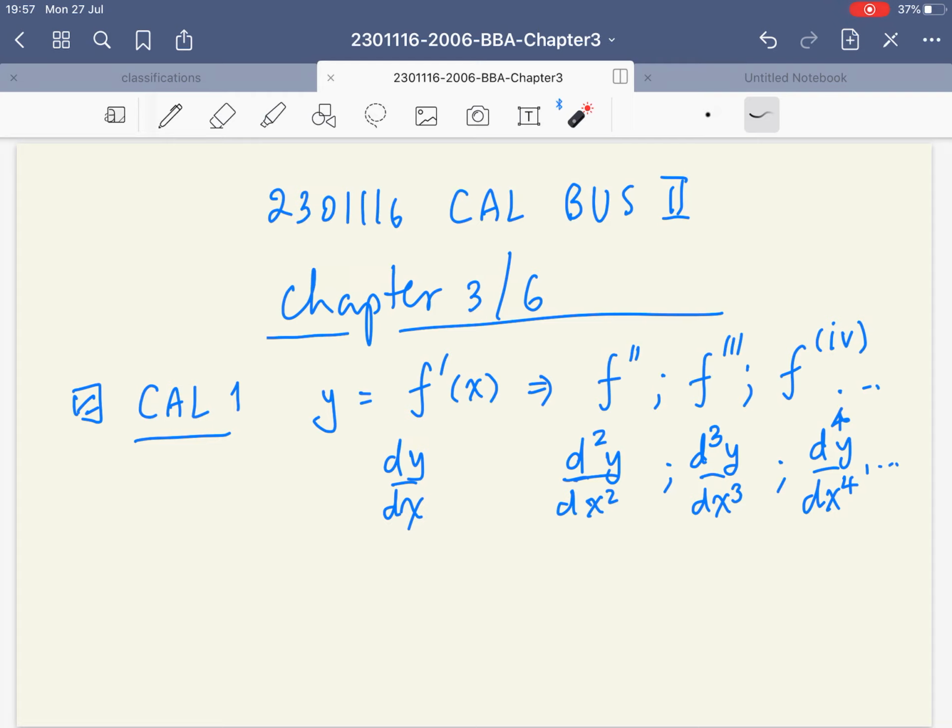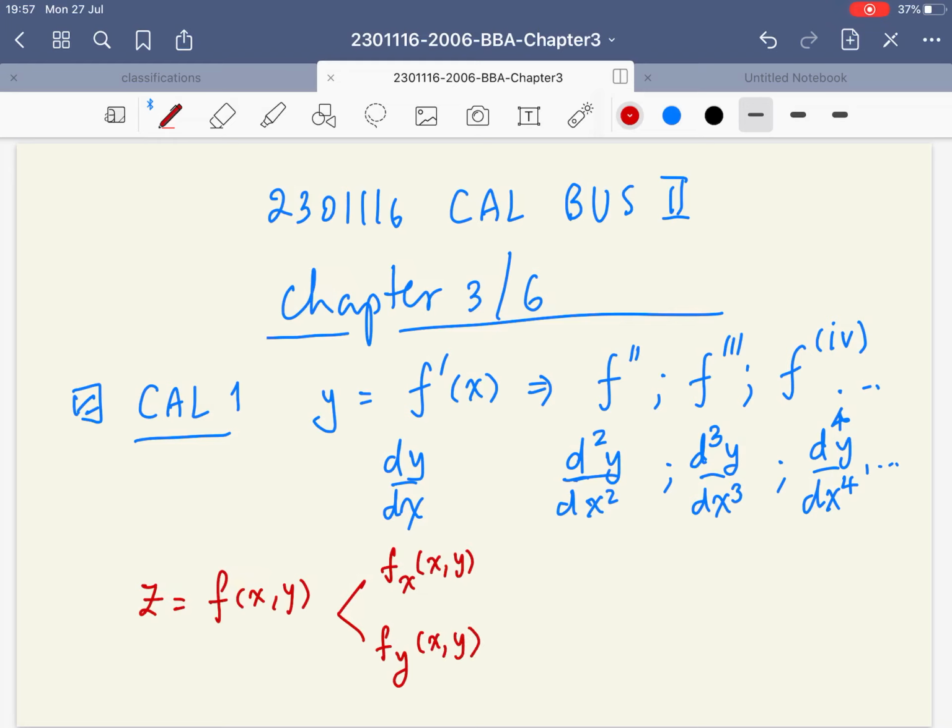However, in this course, at the beginning we already have f of x, y, and then you can find f sub x and f sub y. So this f sub x can be regarded as a function of x and y. In terms of a function of x and y, you can find another derivative with respect to x and another derivative with respect to y.